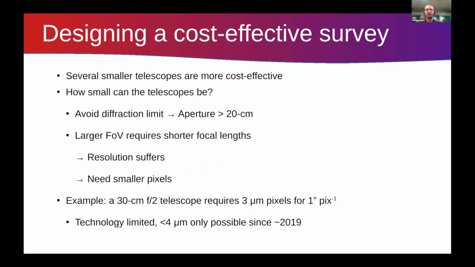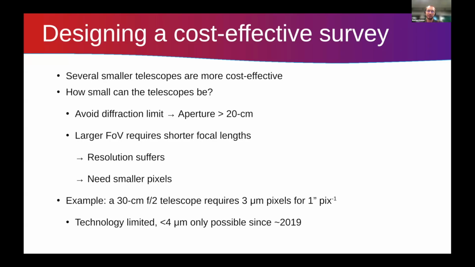However, how small can they be? Well, for one, you want to avoid the diffraction limit. So in optical, you want an aperture more than 20 centimeters. But additionally, if you're making a small telescope with a large field of view, then the focal length will shorten, and this will hurt our resolution unless we decrease the pixel size. As an example, if you have a 30 centimeter f/2 telescope and we want a 1 arcsecond resolution, we need 3 micron pixels.